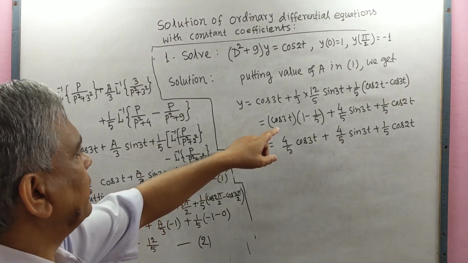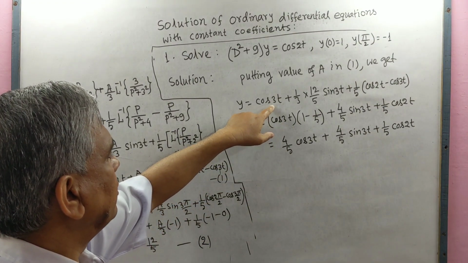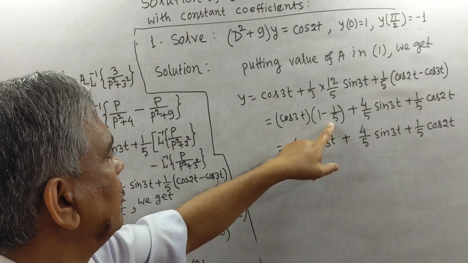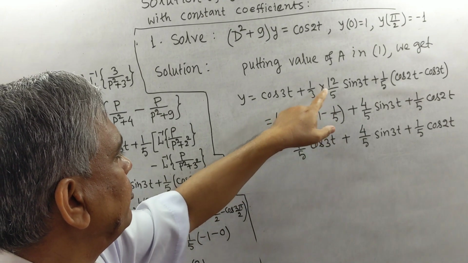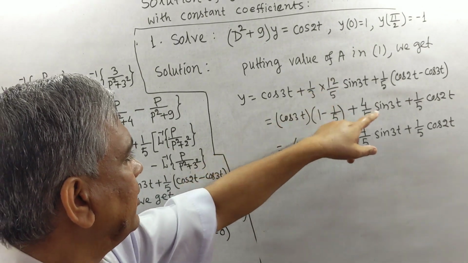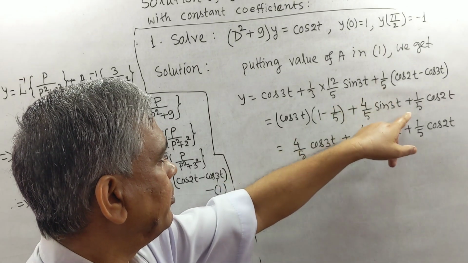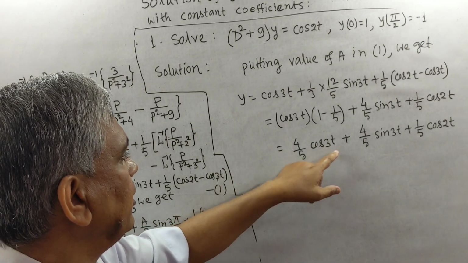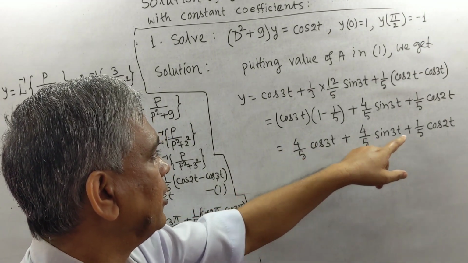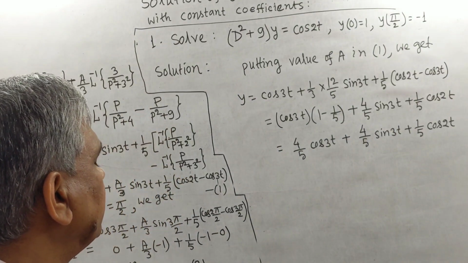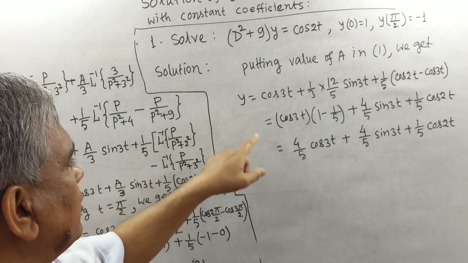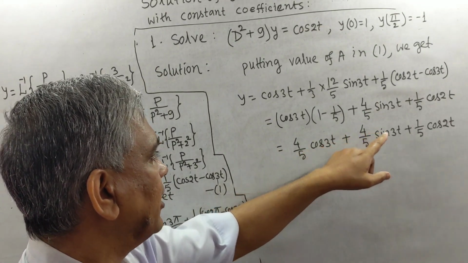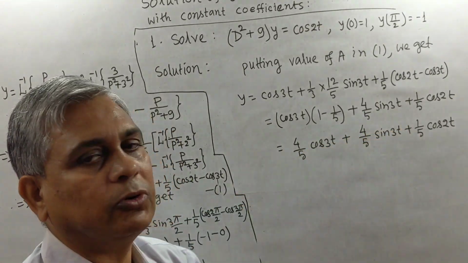Now we take common cos 3t, here remains 1 and here cos 3t minus 1 by 5. Here 3 4s are 12, 4 by 5 sin 3t plus 1 by 5 cos 2t. So solution is y equal to 4 by 5 cos 3t plus 4 by 5 sin 3t plus 1 by 5 cos 2t.